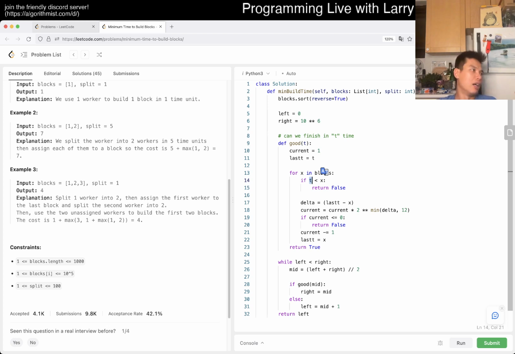Like, T minus X minus split, something like this. And let's say you have an array of that kind of thing that you need, except for the first element, I suppose.